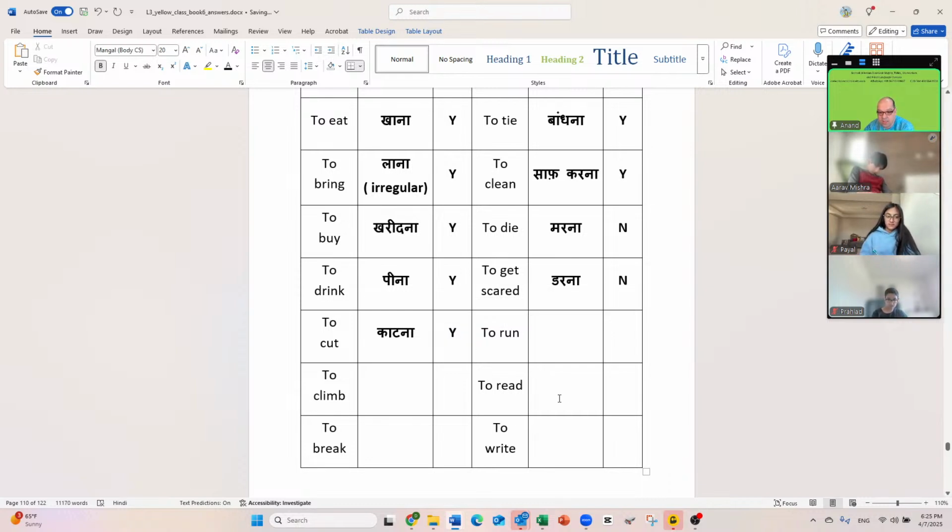Okay, Prahlad, to run. What is the Hindi word? We did it in homework last week. भागना और दौड़ना. Okay. So, would you add ne to it or not, Prahlad?